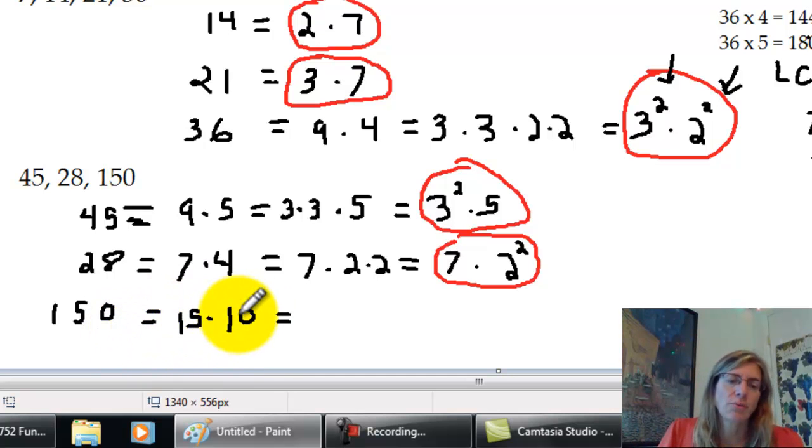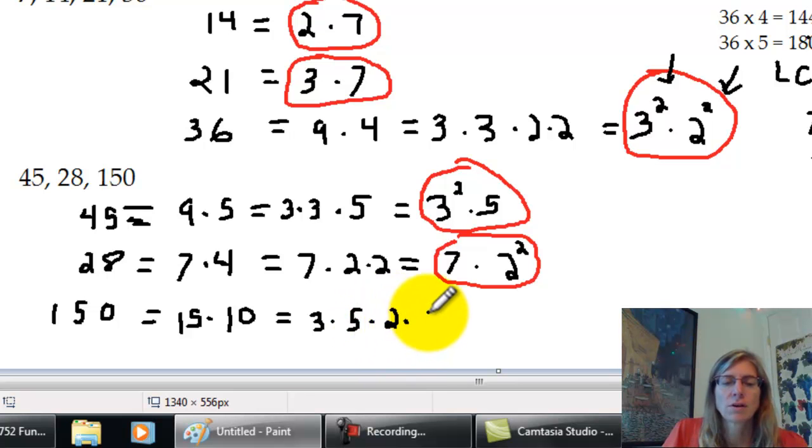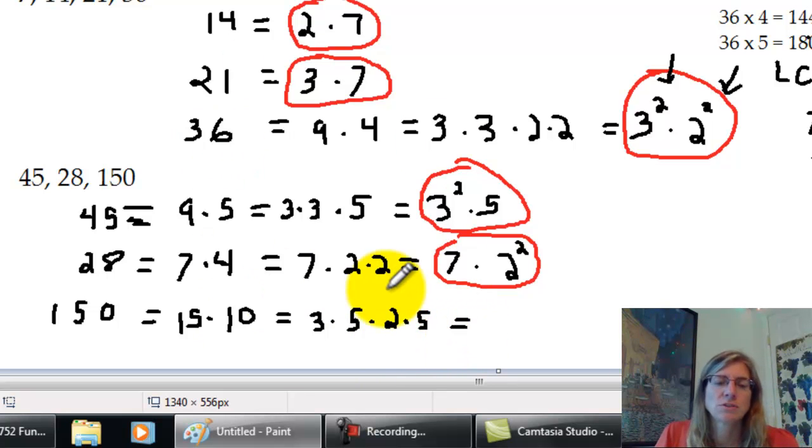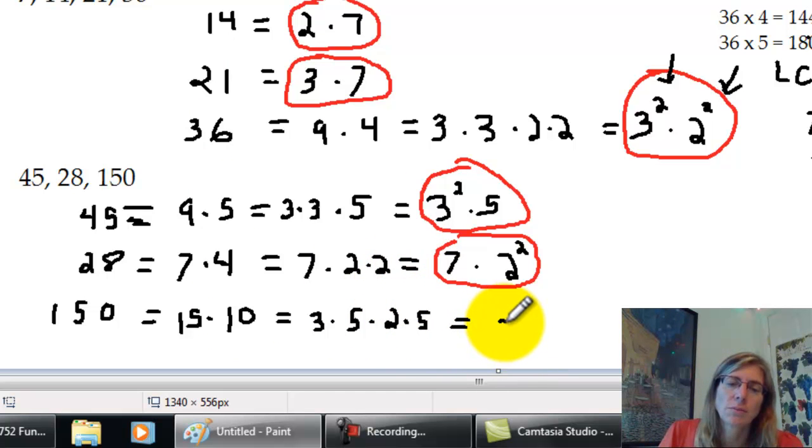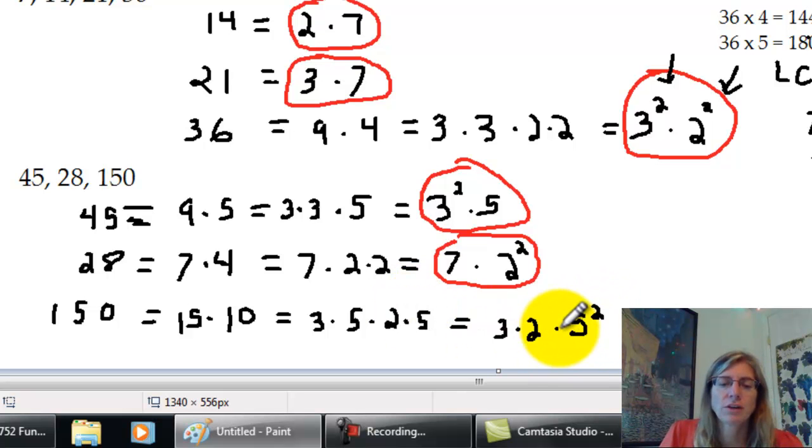Both of those numbers are not prime, so we keep breaking them down. 15 breaks down to 3 times 5. 10 breaks down to 2 times 5. So now you have 3 times 2 times 5 squared. So I'm going to move this 3 and 2 next to each other and put the 5s into 5 squared. So that's the prime factorization of 150.